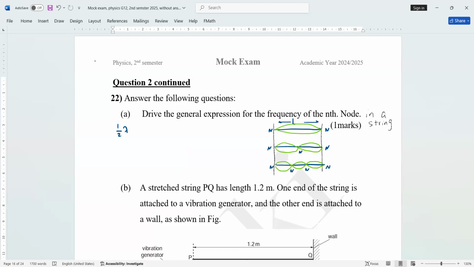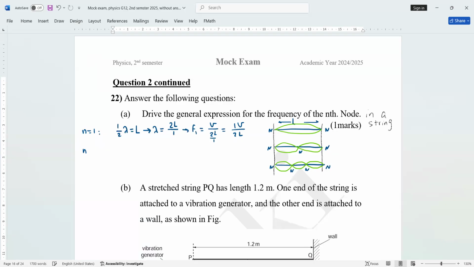Then half lambda equals L, so lambda equals 2L over 1. Then F1 equals V over lambda, V over 2L over 1, so it's 1V over 2L. This is when n equals 1.